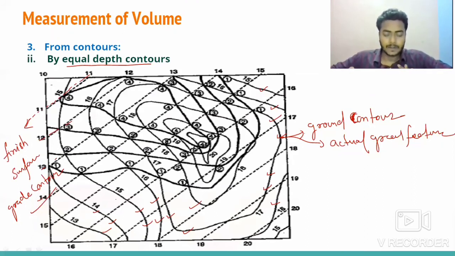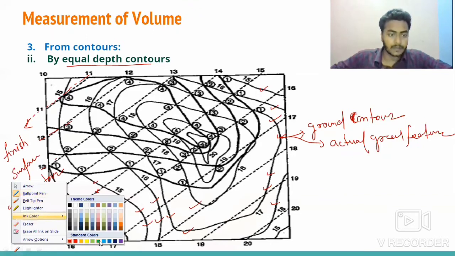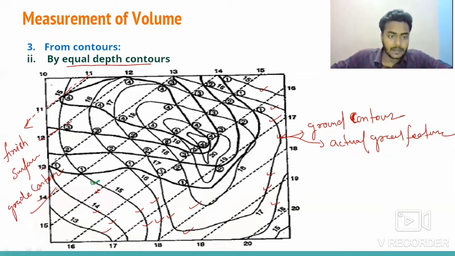According to the dotted line. It means, let's see at this point. What is the elevation of this actual ground? See this line, you can see here. This line is showing the actual ground elevation.